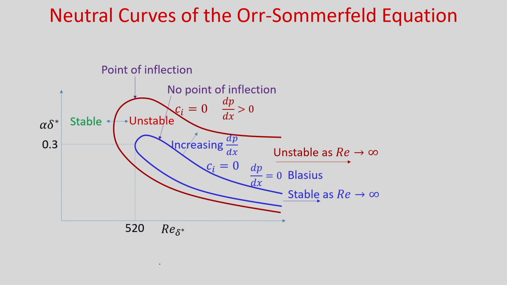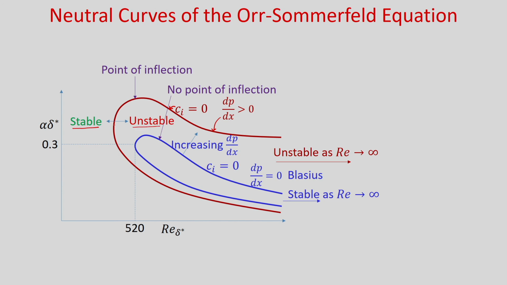Now, for inviscid flow, if you plot this c_i equal to 0, this is the curve, where obviously dP/dx is greater than 0, and you can see that this has the shape of a thumb. So, this is known as the thumb curve as well, and outside this curve the flow is stable, and inside this curve it is unstable.